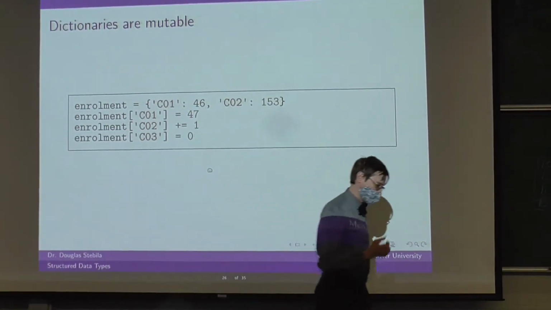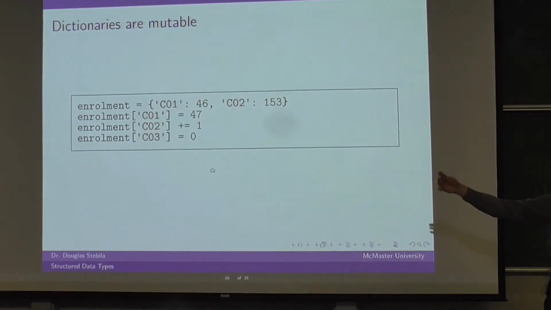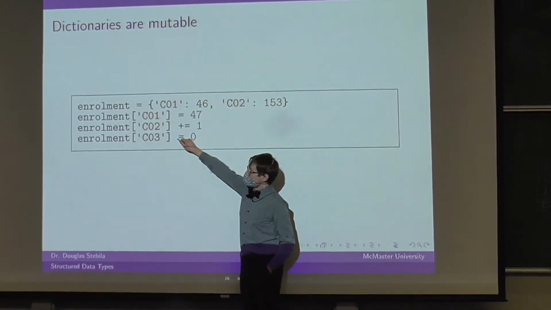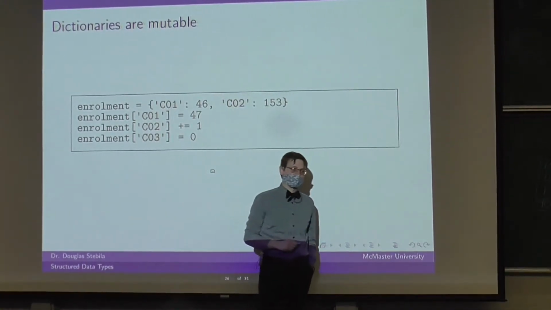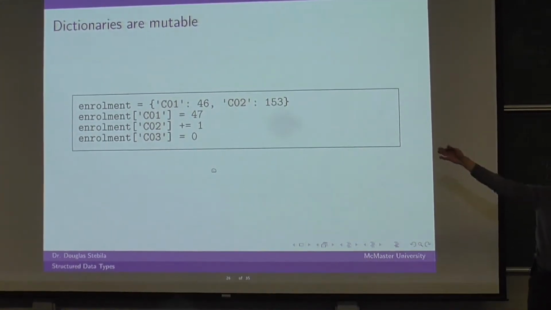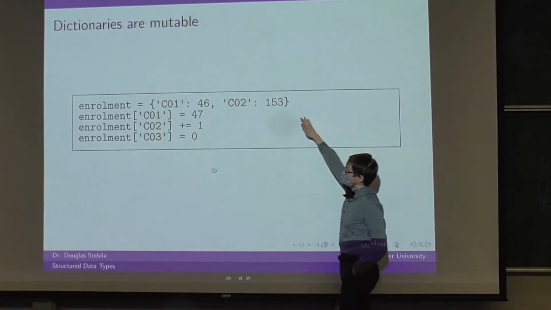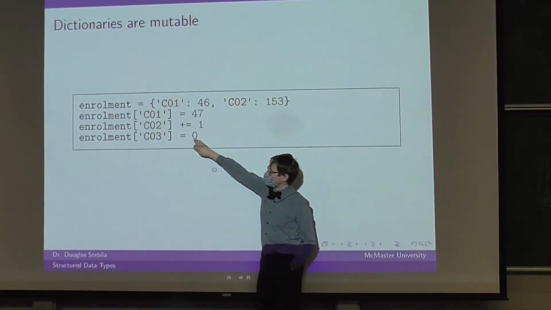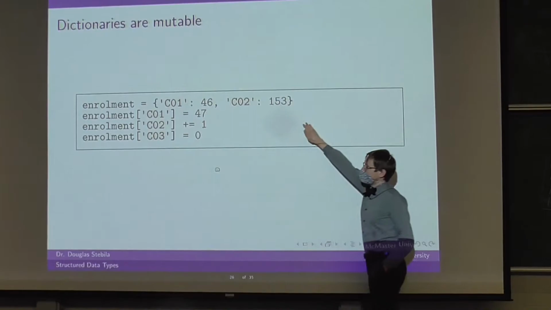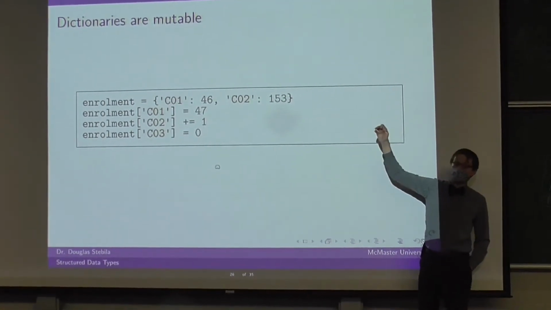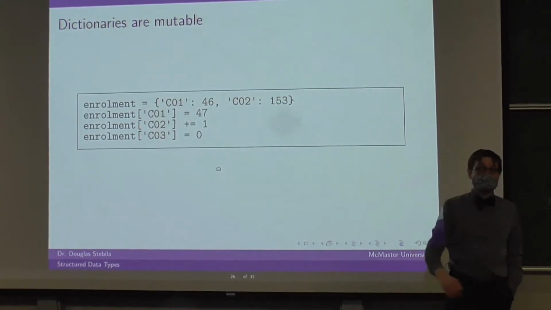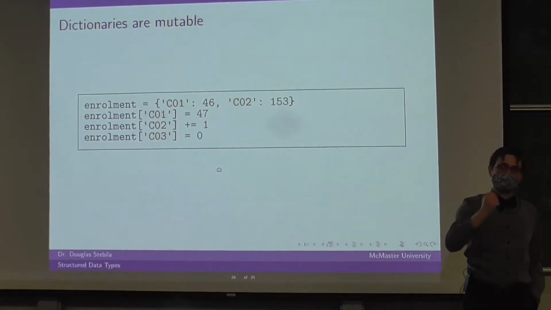That overwrites the existing value in the same way that it happens for variables. On the next line, we take CO2 and we increment it by 1. Plus equals 1 just increases whatever that number is by 1. Then we create a new one, CO3, and assign it 0. So in the end, CO1 will have a value 47, CO2 will have a value 154, and CO3 will have a value of 0. Sound good?